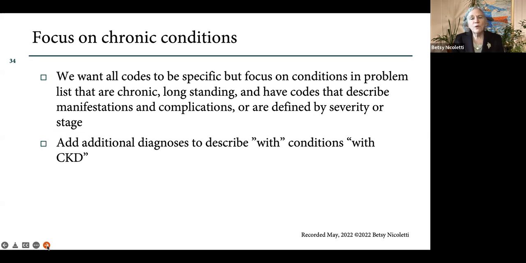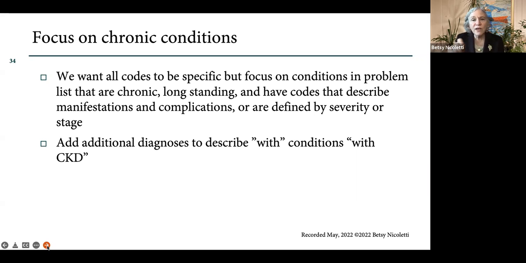So of course, we want all of our codes to be accurate and specific. I did a little survey recently for Coding Intel about who's getting denied for unspecified codes, and laterality was right up there. But for conditions in the problem list that are chronic and long-standing, we want to make sure we're being very specific.